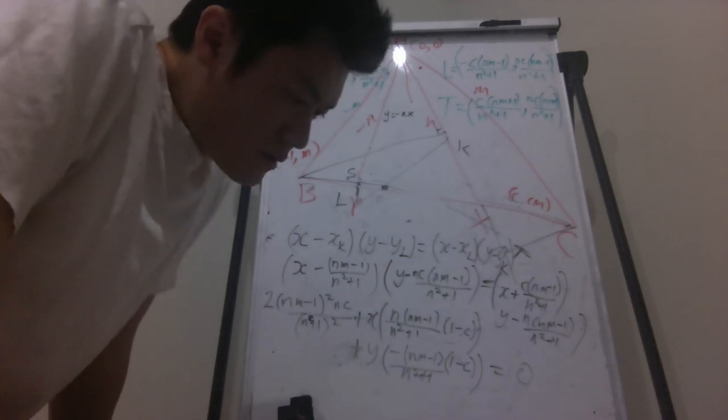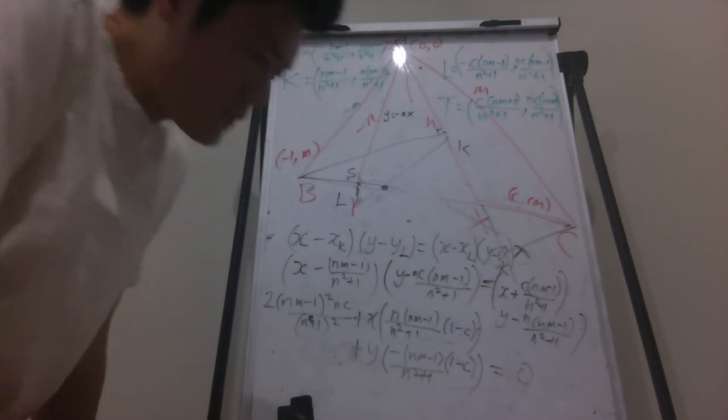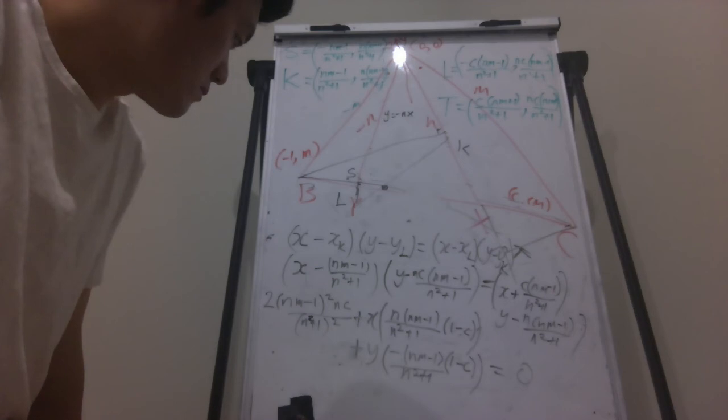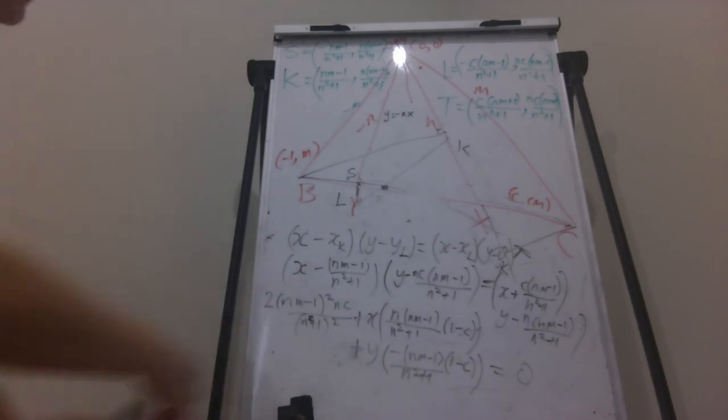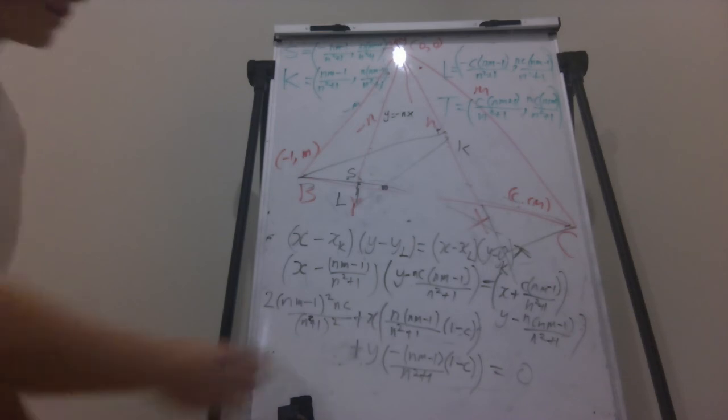Does our equation not match his? So the coefficient of x divided by, oh, okay, because there's a whole, I guess we can times everything by n squared plus 1, yeah? So that's something we can do.